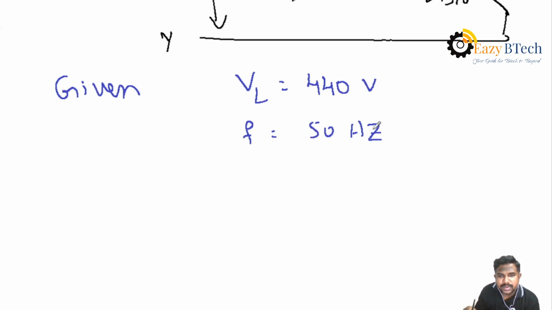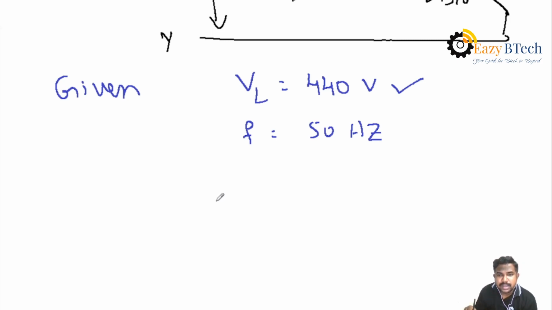Suppose in the problem he is particularly mentioning the phase voltage 440 volts, then you have to consider VPH equal to 440. Without mention of phase voltage, by default the given voltage is line voltage, that is VL equal to 440 volts. Remember this point: the line voltage is very important in three phase problems.